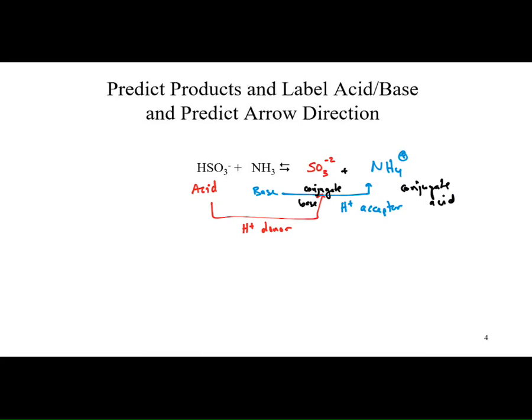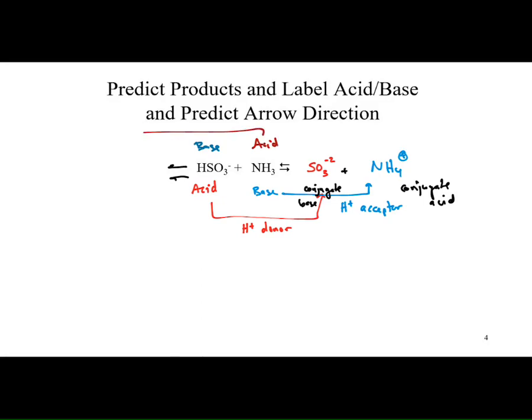How else could the reaction have run? Well, we could have said that it did the opposite thing, in which case our HSO3- acted as a base, and the NH3 acted as an acid.